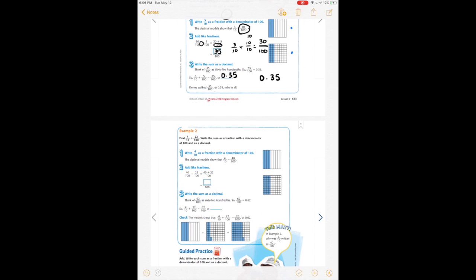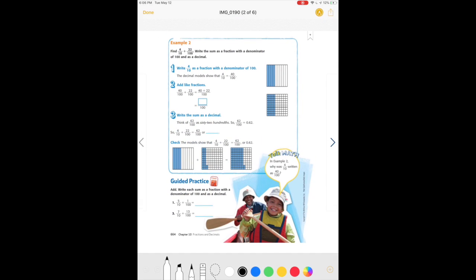Jump on down to example 2. Find 4/10 plus 22/100. Write the sum as a fraction with a denominator of 100 and as a decimal. So we need two answers. One fraction with a denominator of 100 and a decimal. It's the same process. We need to convert 4/10 into a fraction with a denominator of 100.